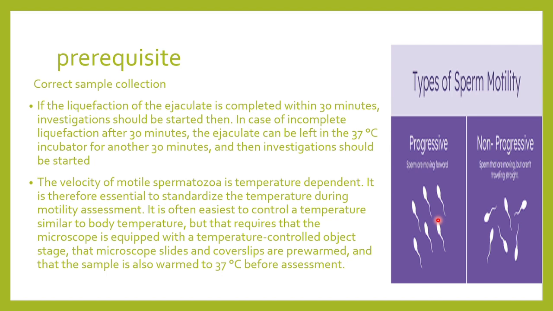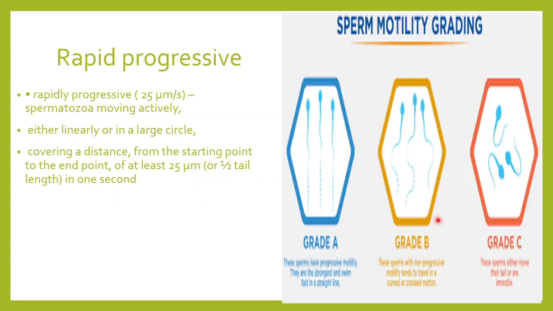Actually, we are supposed to use a microscope equipped with a temperature-controlled object stage, with microscope slides and cover slips that are pre-warmed, and the sample is also warmed at 37 degrees before assessment, because all these things are required to correctly assess the motility, because sperm motility is temperature dependent.